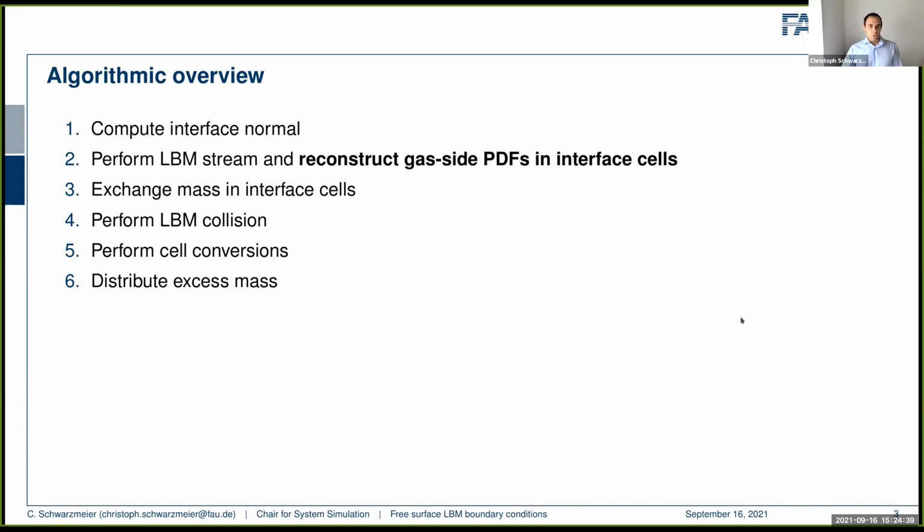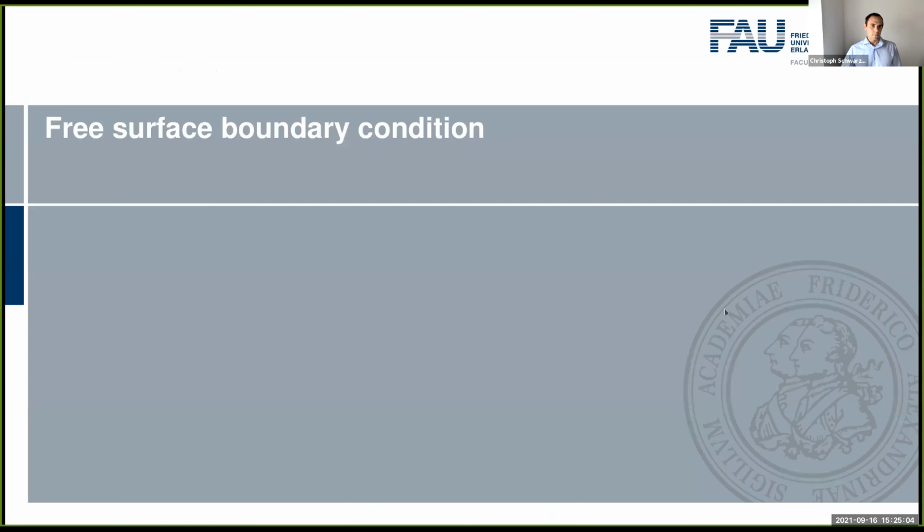And then we need to exchange the mass in the interface cells, which means that the interface cells can fill, they can empty. And then we perform an LBM collision. Then we perform cell conversions according to the mass exchange. So for instance, if an interface cell has filled to a fill level of 1.1, we will then convert the cell to a liquid cell. But then we also need to distribute the excess mass of 0.1 in my example to the other cells that are surrounding it.